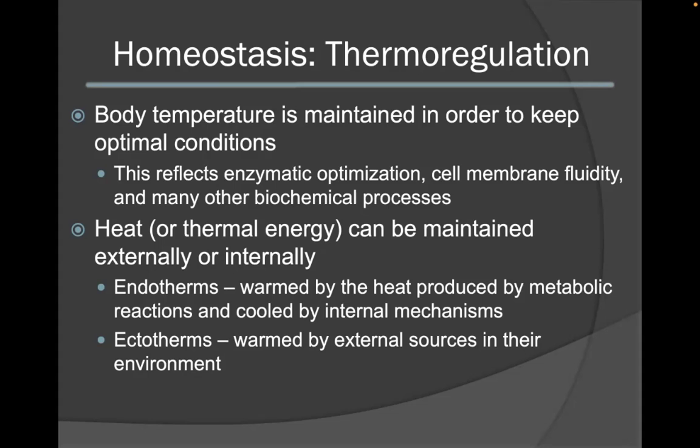Heat, also known as thermal energy, can be maintained both externally or internally. Endotherms, for instance, use the heat produced by metabolic reactions and are also cooled by internal mechanisms such as sweating. Ectotherms, on the other hand, are typically warmed by external sources in their environment, like the sun.